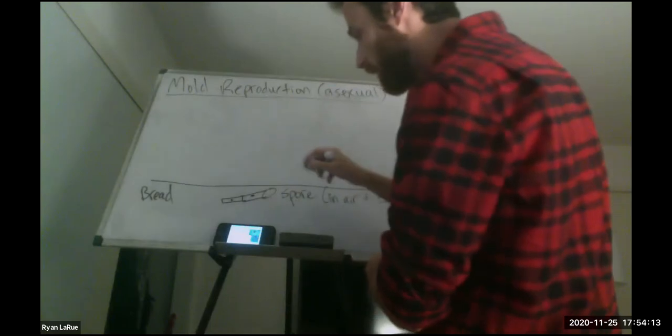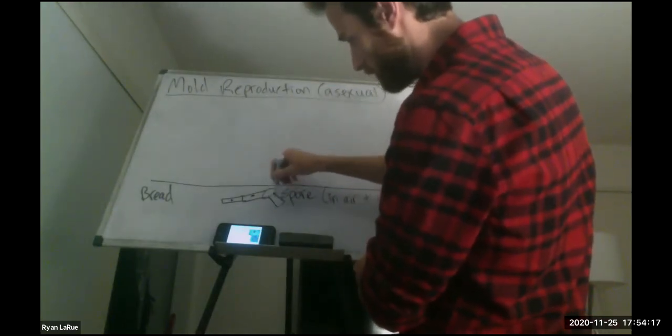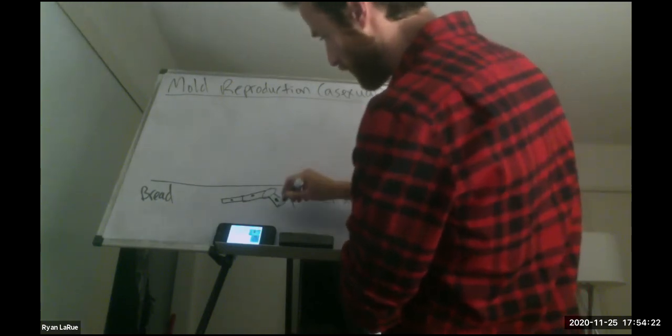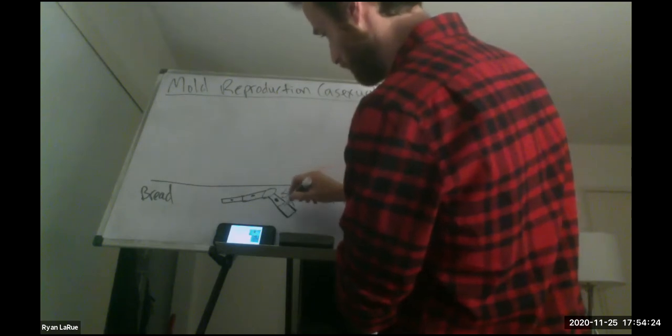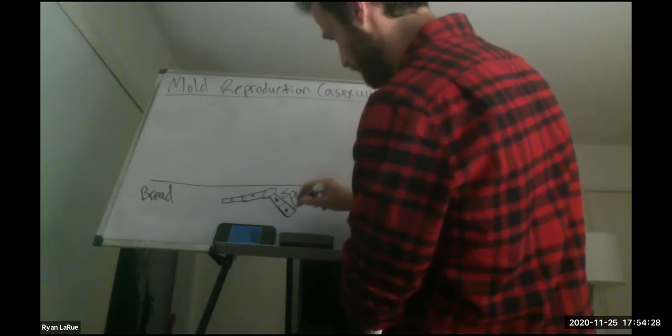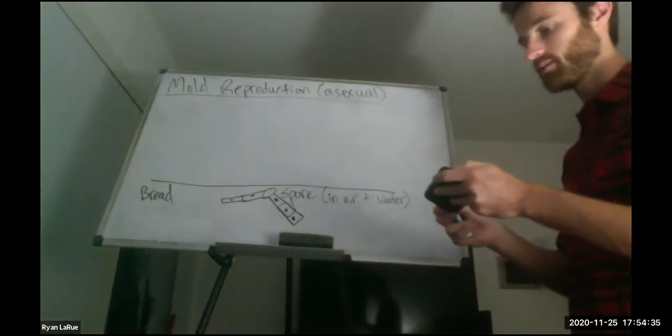It's going to divide into these connected cells called hyphae, and they're filamentous cells. They're forming these branch-like filaments, kind of like a tree branch. Let's draw one more there. And those dots indicate nuclei in our cells.